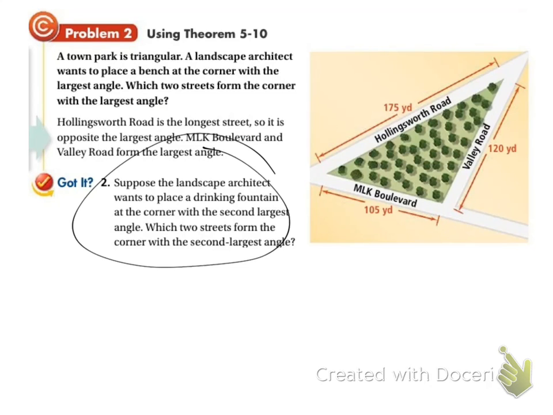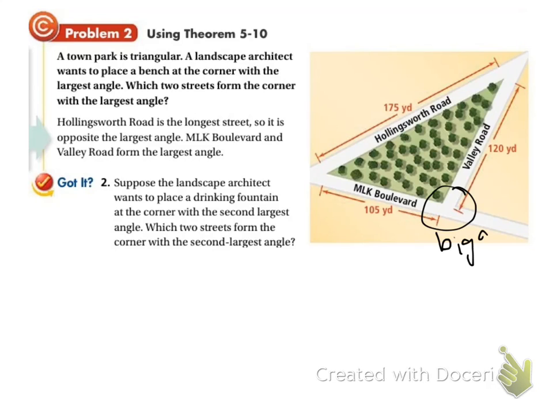So we're going to look at our problem down here. It says, suppose the landscape architect wants to place a drinking fountain at the corner with the second largest angle. When we're looking at a triangle, it has 3 angles. The second largest is going to be our middle angle, right? We'll have a biggest angle and we'll have a littlest angle, and then we have our middle angle. So our biggest angle is going to be across from our biggest side. So this angle right here is my biggest angle. And my littlest side is this 105.